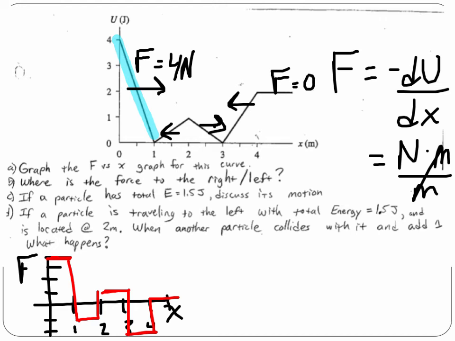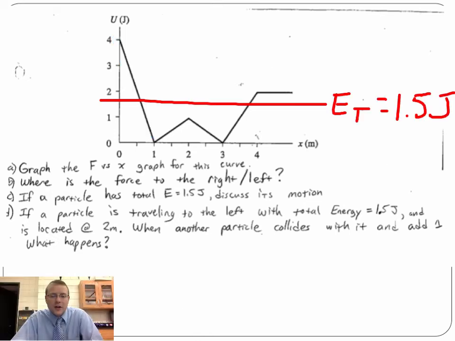Now let's talk about that particle having total energy of 1.5 joules. Let's talk about its motion. If we want to talk about the motion of an object that has a total energy of 1.5 joules, what I told you to remember is that we could basically make a little marble and put that inside our potential energy graph here. If I'm at around the half-meter mark, I have 1.5 joules of potential energy.